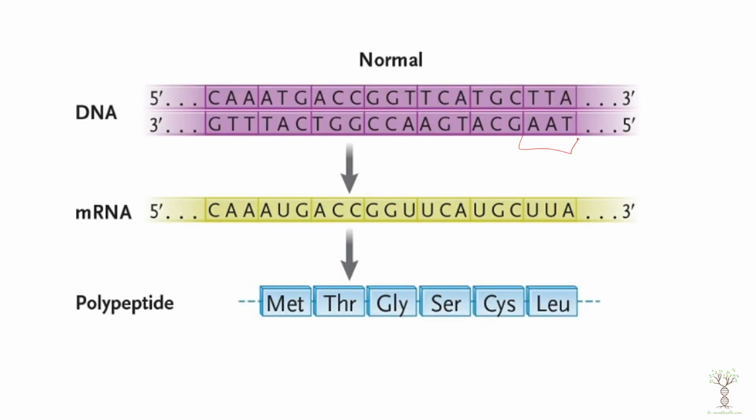If we have a look at this normal sequence, when we have a gene sequence, we code for a messenger RNA sequence, and then there are sometimes redundant codons. So UUG also codes for leucine. So sometimes you can have a mutation in the DNA that does not alter the protein sequence. So this is a silent mutation.